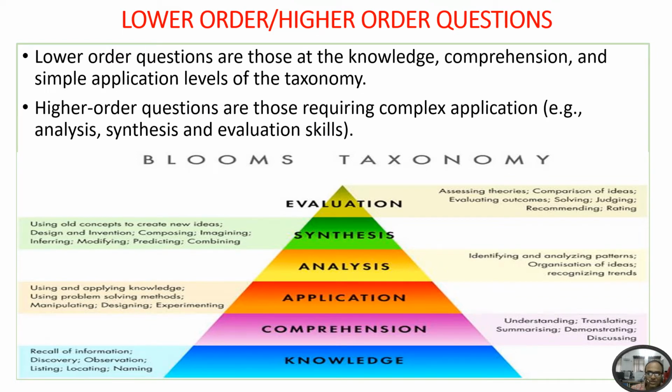And higher order questions are those requiring complex applications, for example, analysis, synthesis, and evaluation skills. So questions based on knowledge, comprehension, application are called lower order questions, and questions based on analysis, synthesis, and evaluation are called higher order questions.